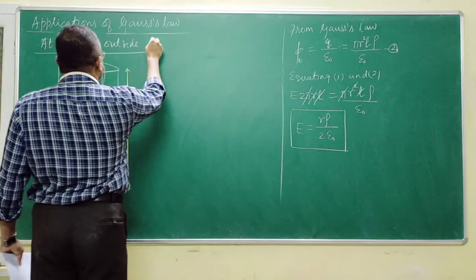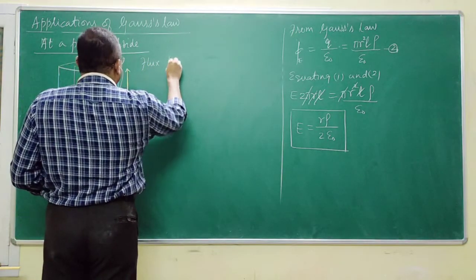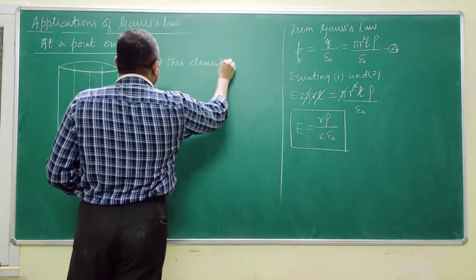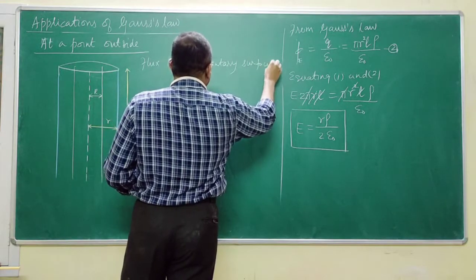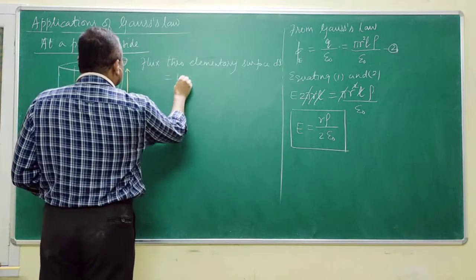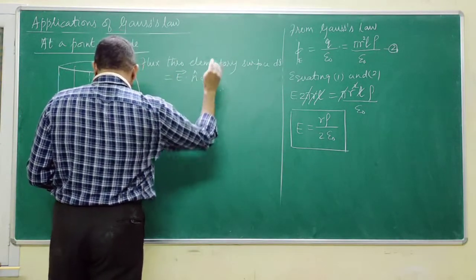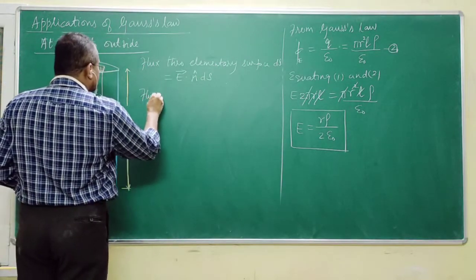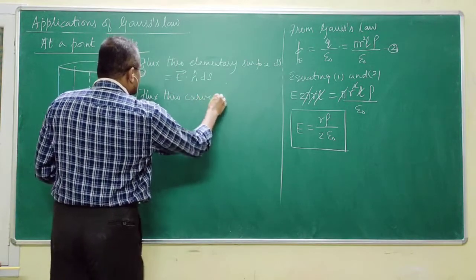Now, flux through elementary surface ds is E vector dot n unit vector into ds. Flux through curved surface of the cylinder.